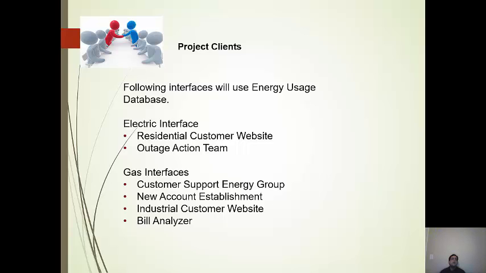Here we have electric interface and gas interface. Electric interface clients include residential customer website, outage action team. Gas interface clients include customer support energy group, new account establishment, industrial customer website, and bill analyzer.